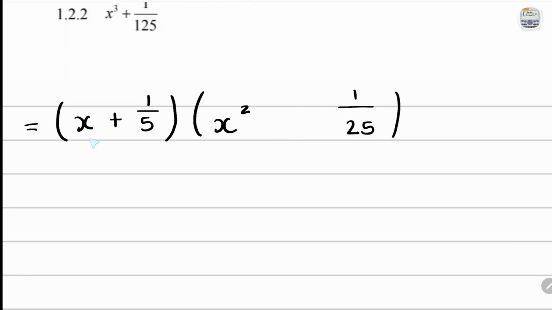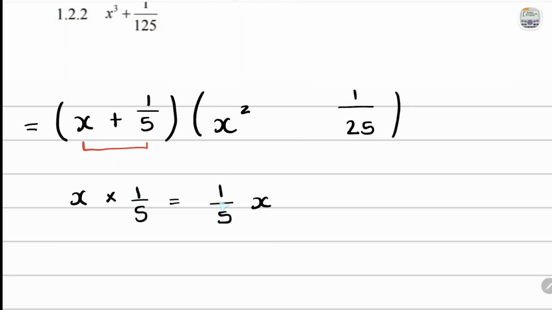So to get that middle term, you're going to multiply the first and the second term as it is. So it's x times a 1 over 5, which you can actually say is x over 5, but you can also rewrite it as 1 over 5x. That's still fine. Okay, because numerator times numerator, denominator of 1 times denominator.